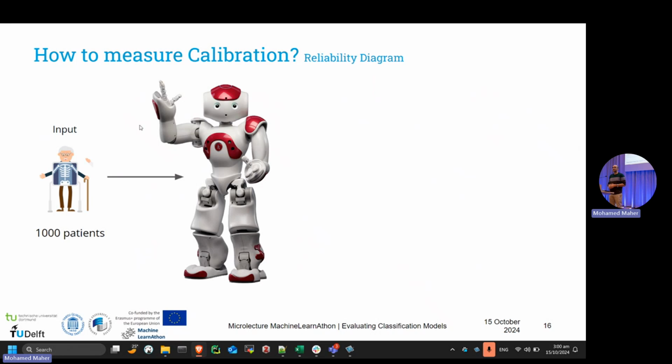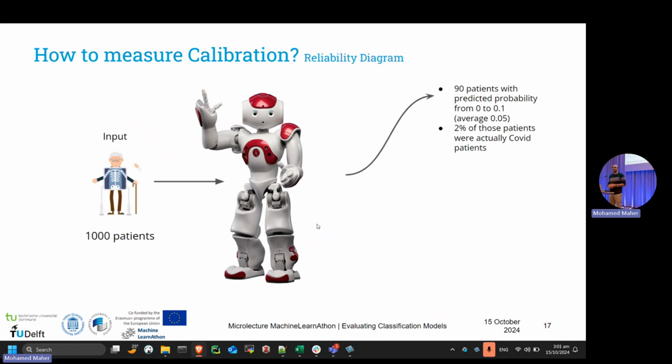So let's say we have an example of input instances for 1,000 patients, and you are building a machine learning model that tries to diagnose if these patients have COVID or not. We found that 90 of these 1,000 patients have predicted probability ranging from 0 to 0.1 of being diagnosed with COVID, averaging 0.05.